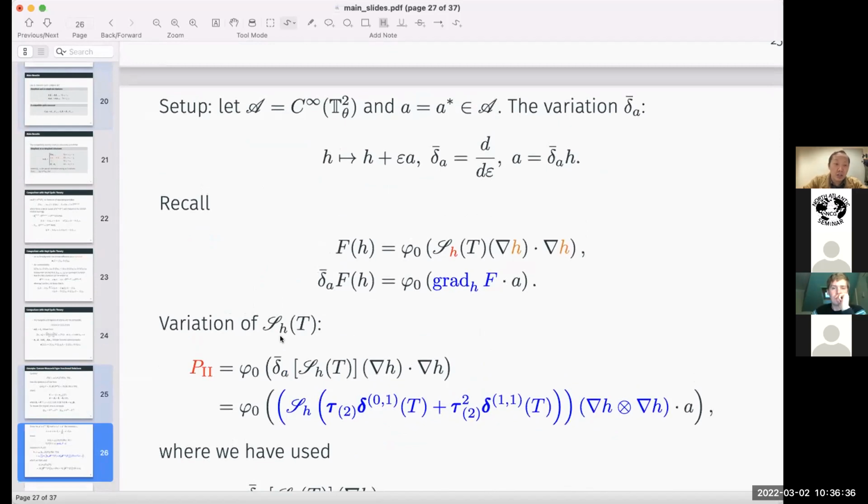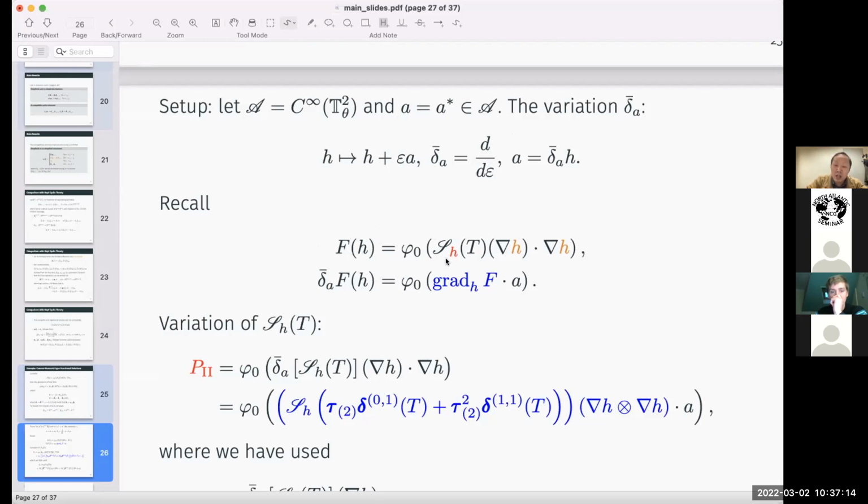Okay, so here is our computation. We want to compute the derivative. Now you view this as some function in epsilon, right? So we give h a perturbation, parameterized by epsilon, and I want to take the derivative in epsilon. Since it's linear, if I apply this variation on h, you get this A, where A is an arbitrary self-adjoint operator. So basically I want to compute the derivative of the following function of h.